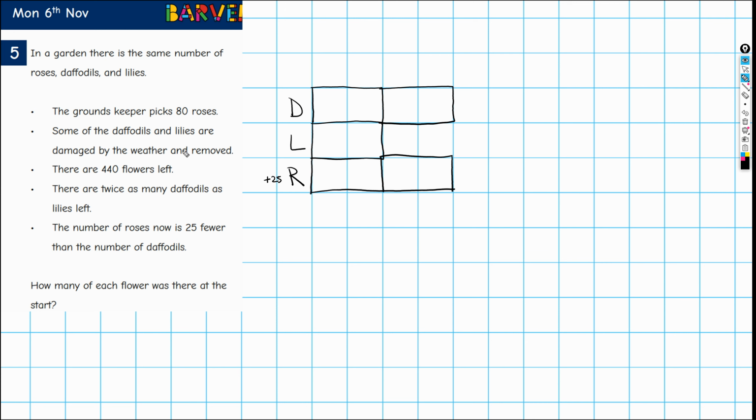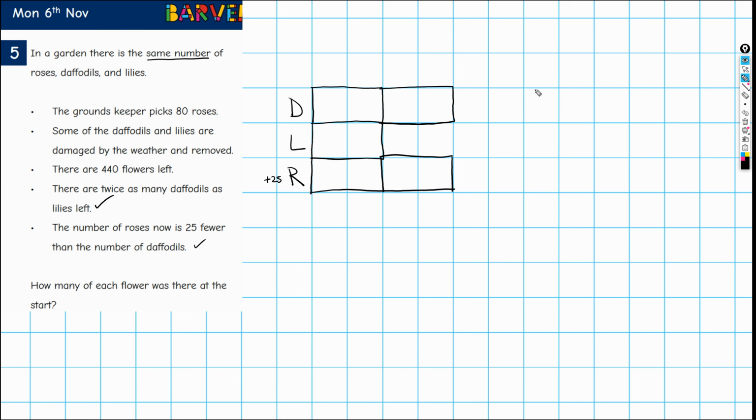Okay, so what else have we been told? We've got that information there. We've sort of included that information, but I'll clarify that in a moment. We are also told that at the beginning, and this is a really important bit, there was the same number of each flower.